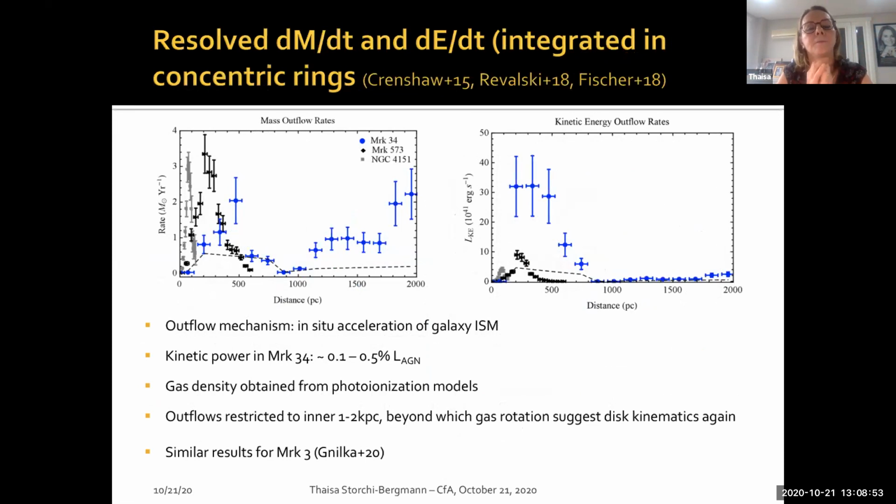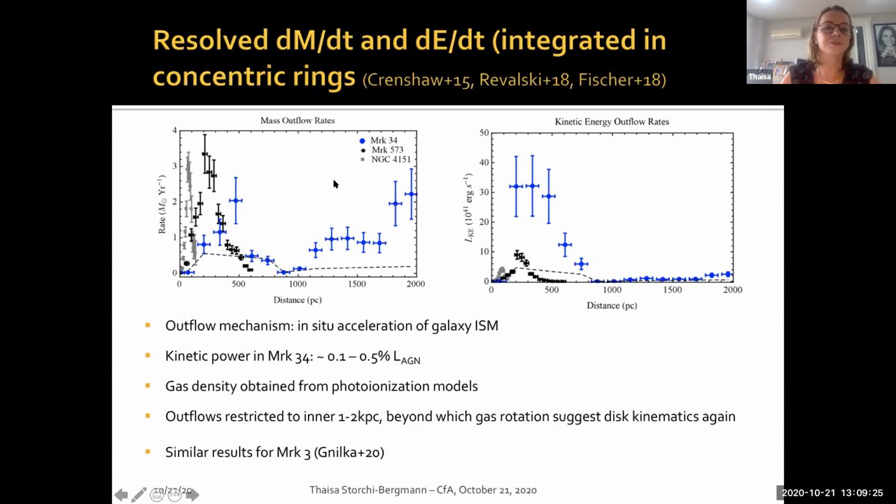I will not discuss these long studies, but maybe quickly to say that in these studies, our collaborators, Crenshaw, Revalski, Fischer, calculated the mass outflow rates and kinetic energy of the outflow as a function of distance from the nucleus. This is done using photoionization modeling, and the gas density is obtained from photoionization models, which I consider a robust way to obtain the gas density.